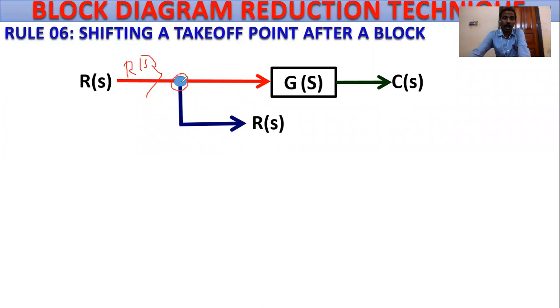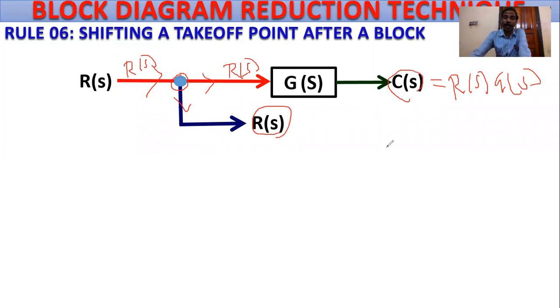This is the node, this is path 1, and this path is also R(s). And C(s) equals what? This signal R(s) and this is G(s), so multiplying R(s) into G(s). In this case, R(s) is always constant and C(s) is also constant.